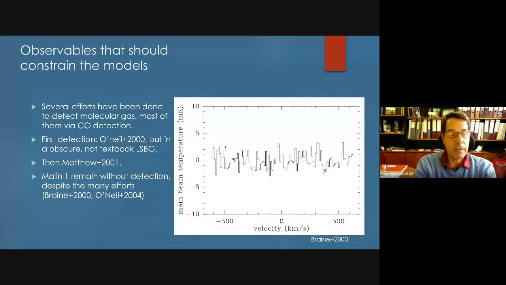For example, Braine in 2000 obtained this after about 30 hours using the IRAM 30-meter telescope in Pico Veleta in Spain. This is the result. He reached, roughly speaking, between 3 and 5 millikelvin and no line. I mean, at this very low end of sensitivity, you really don't detect gas in this galaxy.